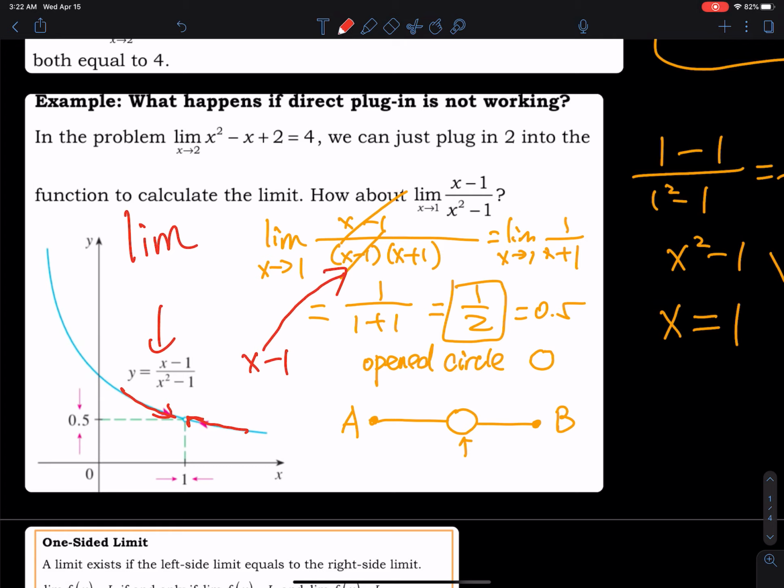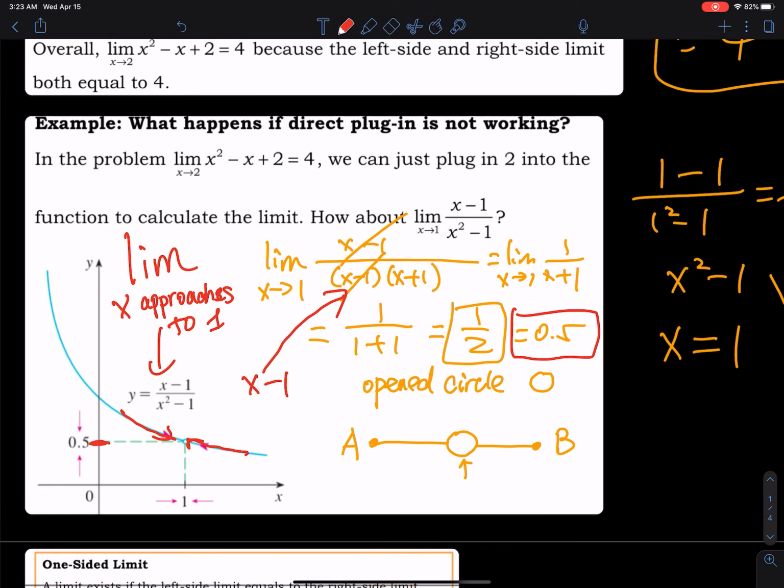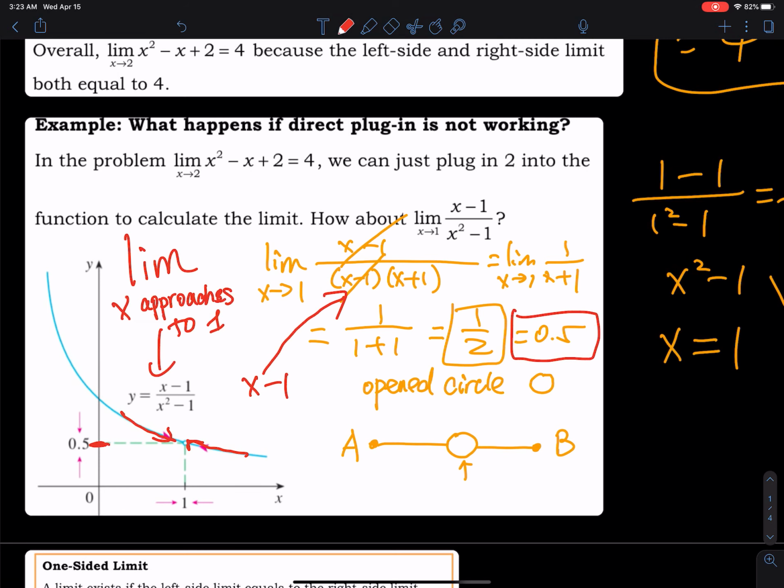I am not asking x equals 1. What I am asking is as x approaches 1, from the left side, from the right side. As x approaches 1 from either side, we can see that y approaches 0.5. So that's why the answer is equal to 0.5. So that is the basic concept of evaluating a limit.